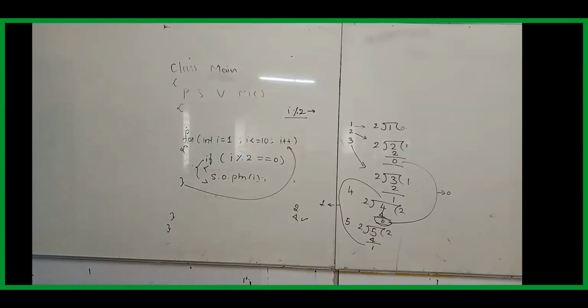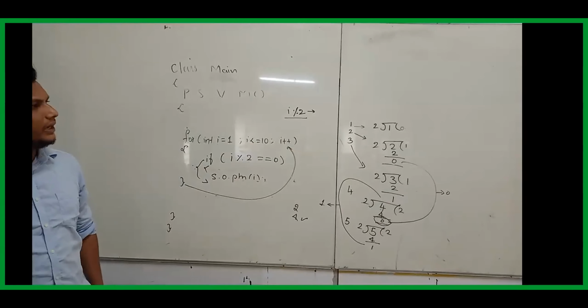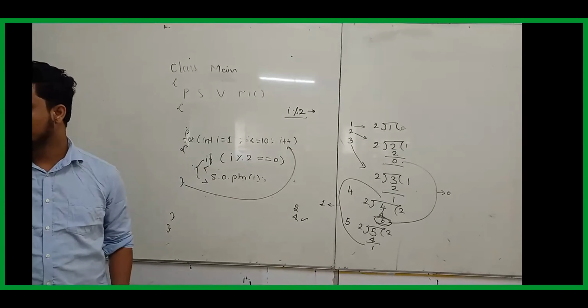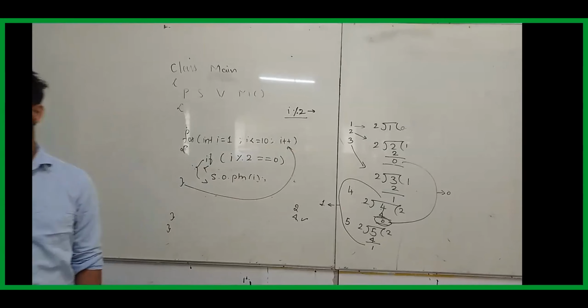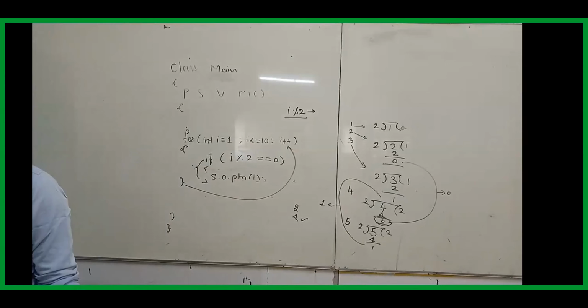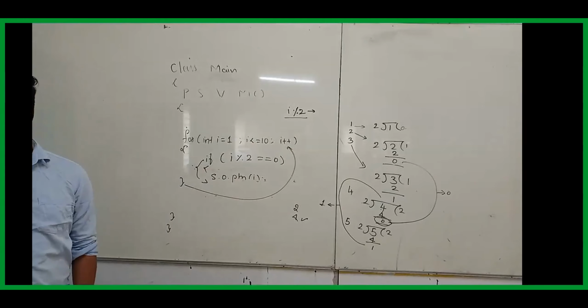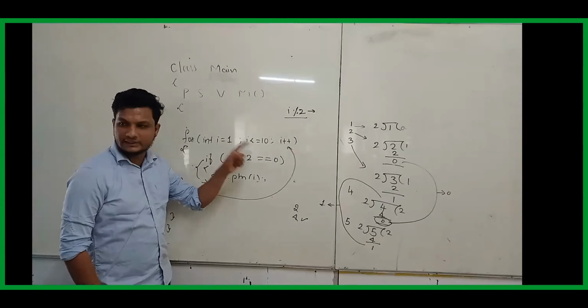Sir, how to print the numbers that have remainders? Means I didn't get your question. How to print a remainder? You are telling. He's telling no, numbers with remainder. Means this number with its remainder value.